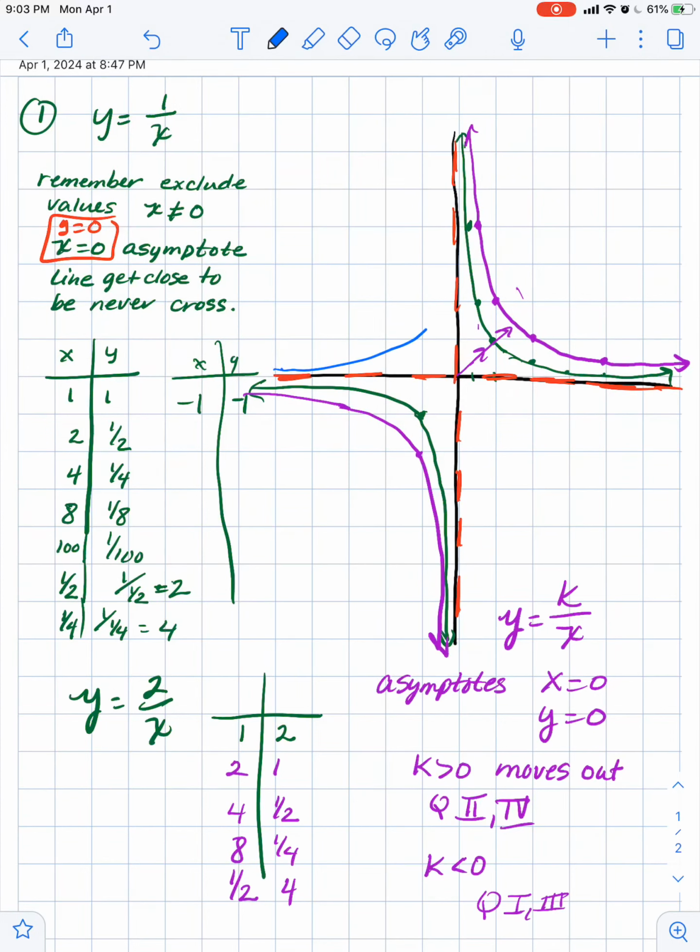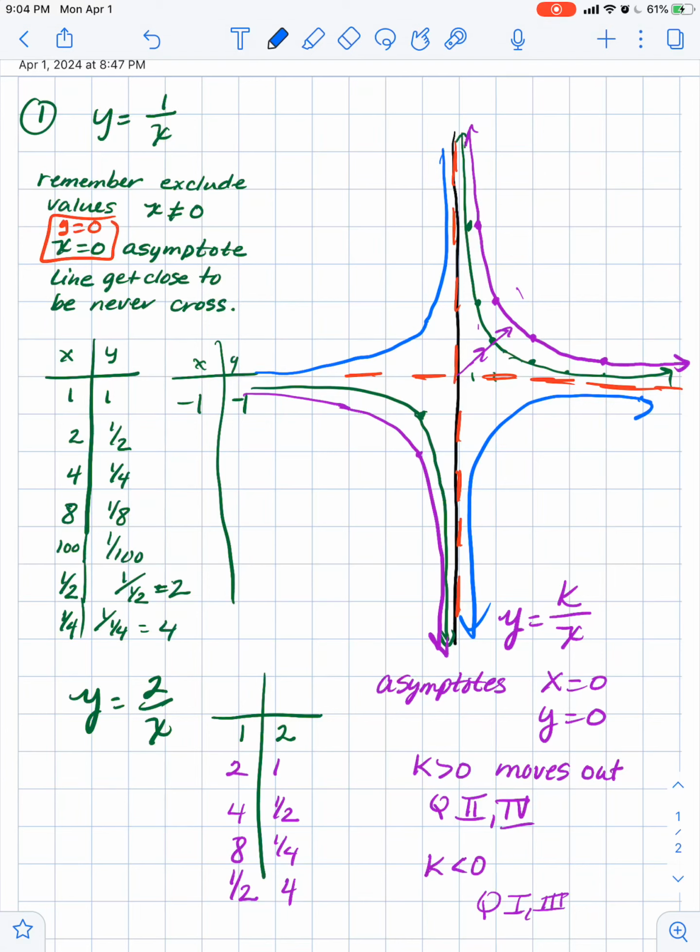So it's going to come in here, not quite that steep, but come in there like that. Sorry, had it on eraser. There we go. Anyway, if it is negative, it's going to flip it into these two quadrants, and it'll look something like that. So that is if it is y equals 1 over x.